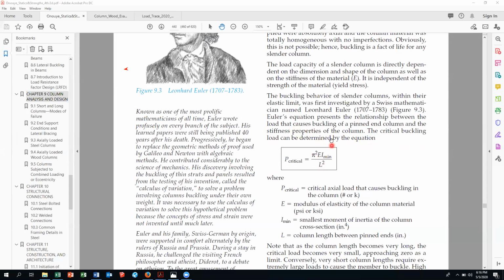But we will talk about this critical buckling load, and it's a measure of pi, which is a constant, the modulus of elasticity, and the smallest moment of inertia, right? For a 2x10, there are 2 moments of inertia, and you've got to pick the smaller one. The tables in the back of the book give both of them, what we call the strong axis and the weak axis. And then the length, the column length between pinned ends, which is in inches.